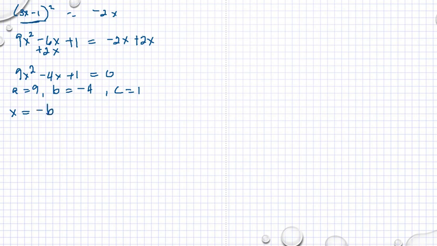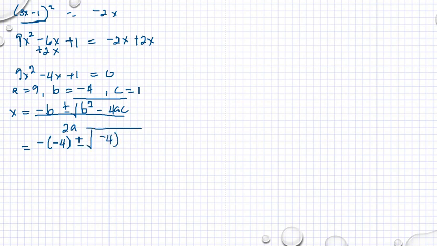We have negative b plus minus the square root of b squared minus 4ac divided by 2a. We have negative b times negative 4, that is 4, plus minus the square root of negative 4 squared minus 4 times a is 9, and then c is 1.